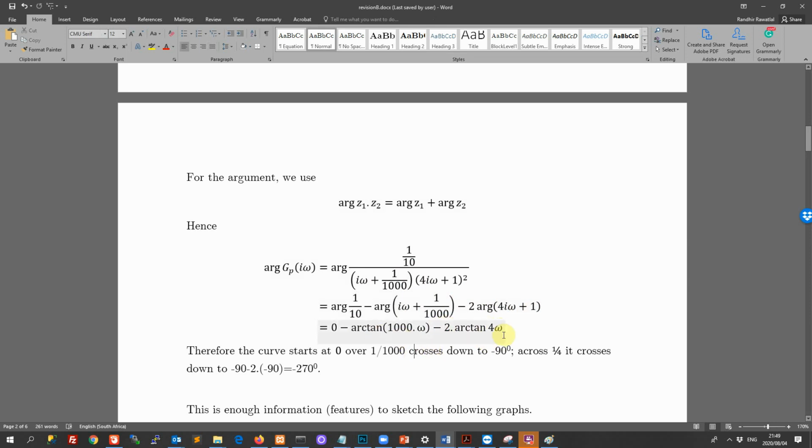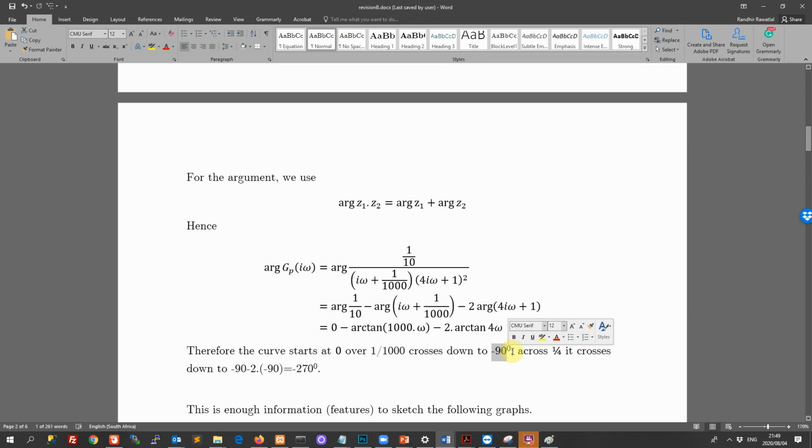So if you look at this, it's telling us when omega is 0, of course, this whole thing is 0. And then as omega starts to rise, when we are close to 1/1000, then this is going to be arctan of this number around 1. So the function will cross to around minus 90 degrees.